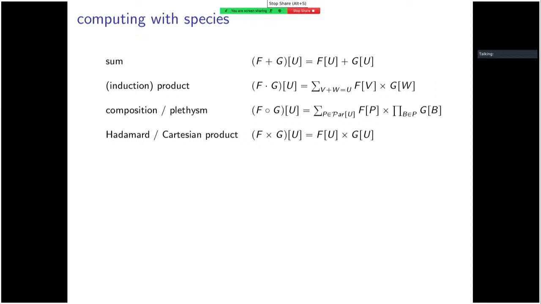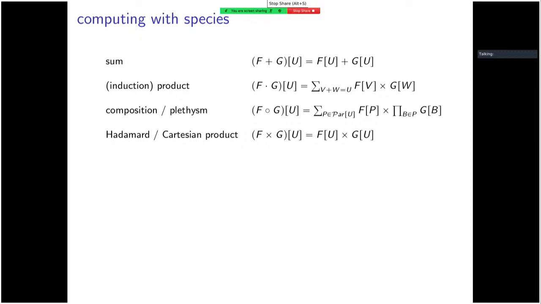So the addition of two functors from the category of finite sets with bijections to finite sets with bijections, or maps, that's the same thing, is: if we apply it to some set of labels, we compute the F structures on this set of labels, and we compute the G structures on this set of labels, and then we take the disjoint union, which for tradition's sake is here denoted with plus.